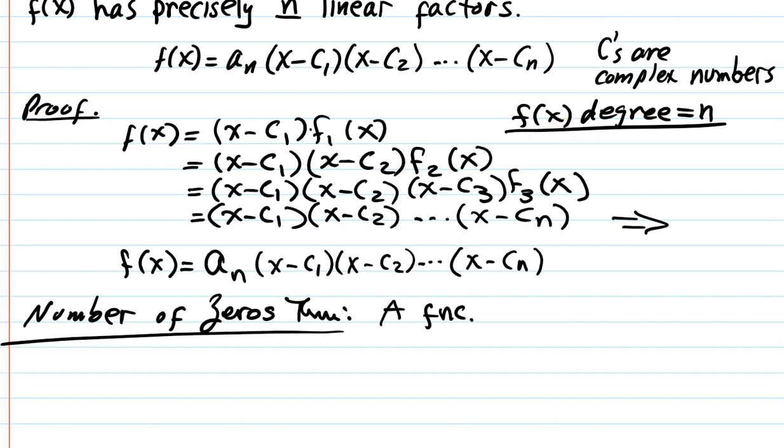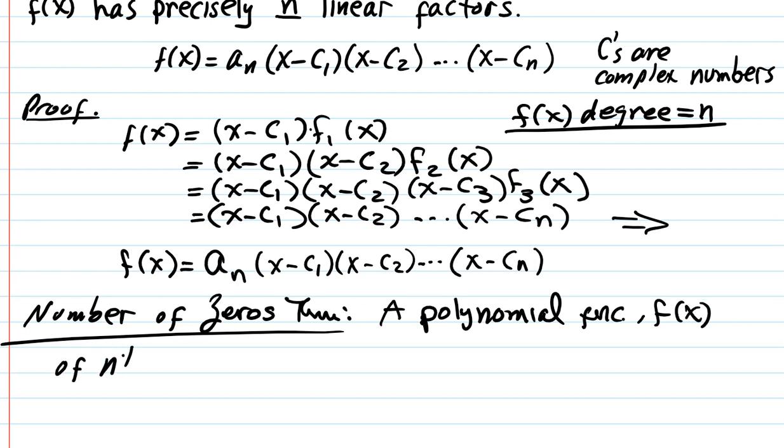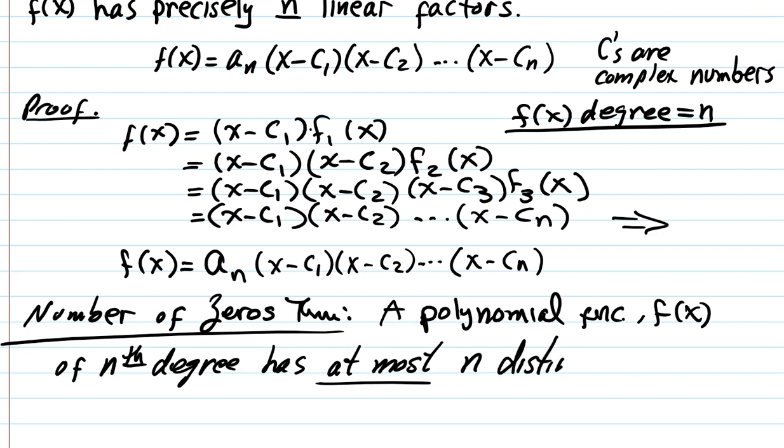Let's say a polynomial function f of x of degree n has at most, meaning no more than, n distinct zeros.